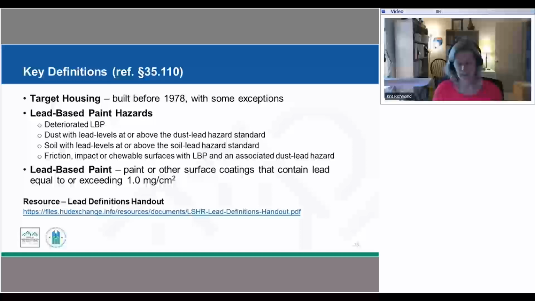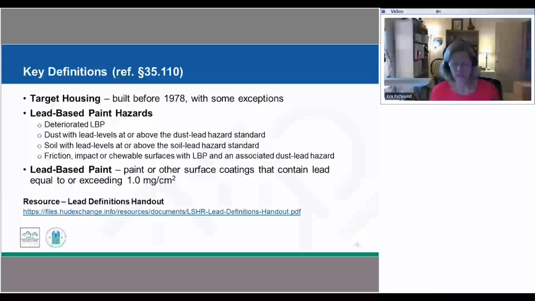So it's any of these conditions that would result in an adverse human effect. So that's what lead-based paint hazards are. As you heard Les talk about, lead-based paint alone is not harmful, but deteriorated lead-based paint or dust, things that are causing these hazards, that's what makes lead-based paint unsafe.